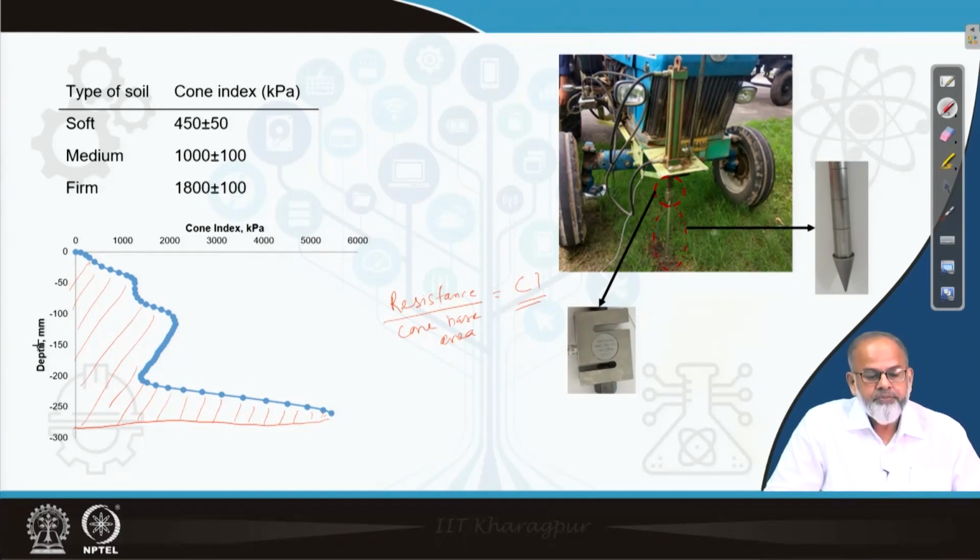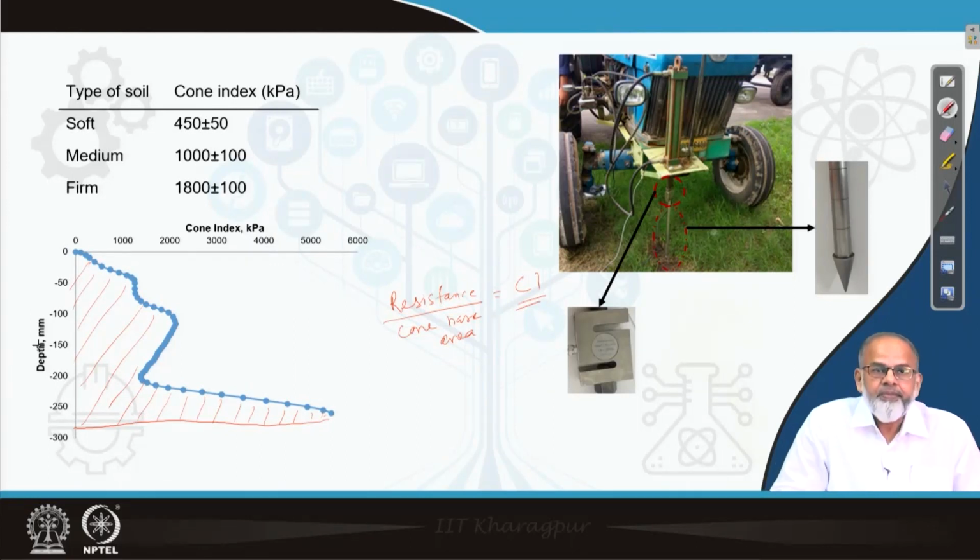Based on cone index value, we classify soil into three types: soft soil, medium soil, and firm soil. Soft soil is around 450 plus or minus 50 kilopascal, and medium soil is 1000 plus or minus 100 kilopascal.